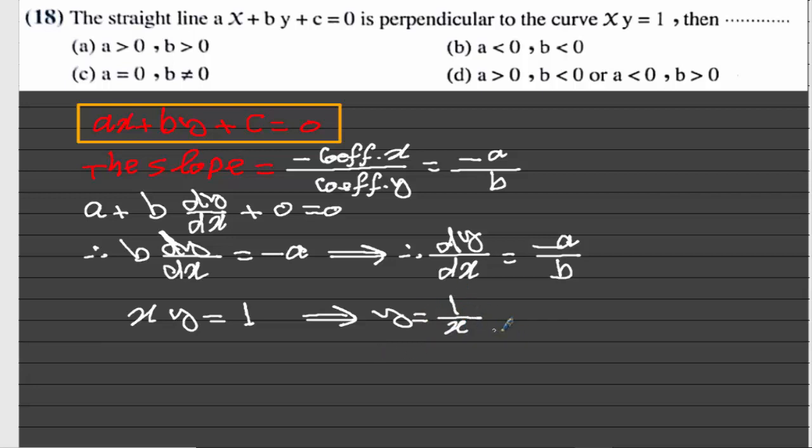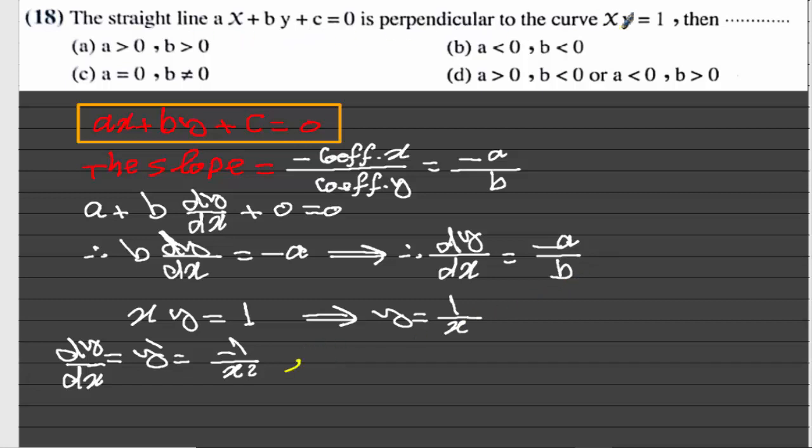By differentiating both sides with respect to x, we can deduce y dash equals negative 1 over x square, which equals dy dx. And also we have dy dx equals negative a over b.